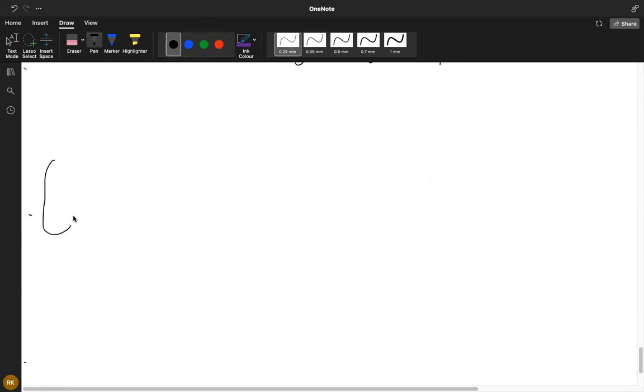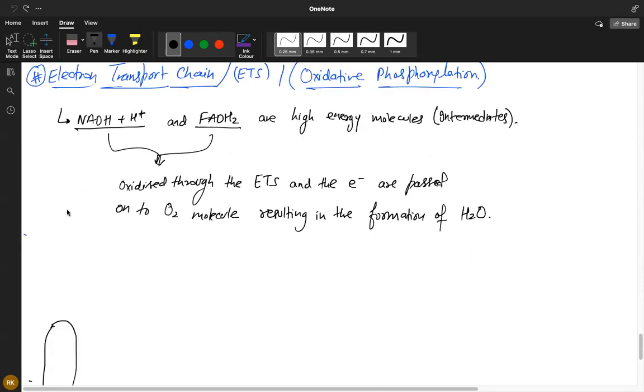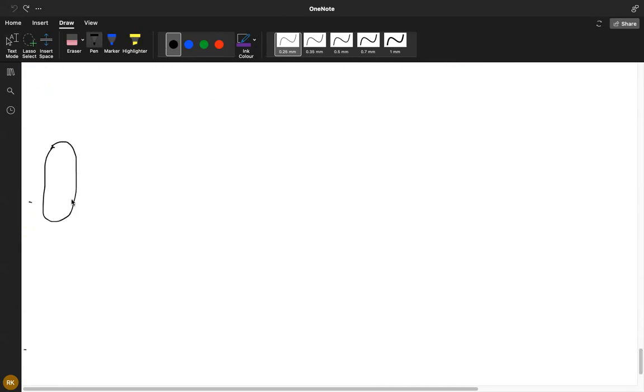We all know that the mitochondria has an outer membrane, which is smaller, and an inner membrane, which is bigger, like this. Everyone is clear?